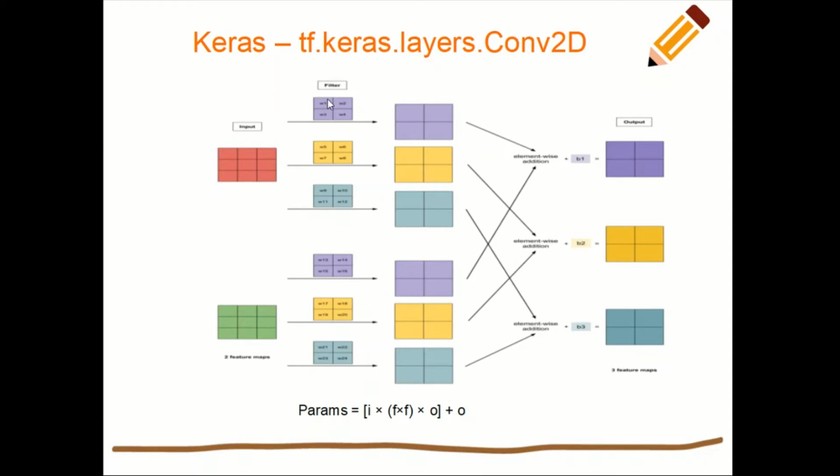Here is a 2x2 filter that we have. If you have 9 pixels here, and a 2x2 filter, then this will be one activation, then this will be the next activation, this will be the third activation, this will be the fourth activation. That is why the shape of the activations is also 2x2.